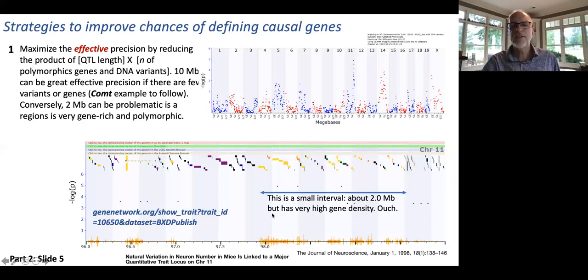This is zooming into that region. I don't know if you can see the little blue dots right there, they are markers with LODs of about 5, a little bit less, I think 4.68. The interval is, by my standards, mapping with RI strains, impressively small, so in the neighborhood of 2 megabases. You'll notice that's not formally true, so you could go over here if you use the 1.5 LOD drop-off interval to define the QTL.